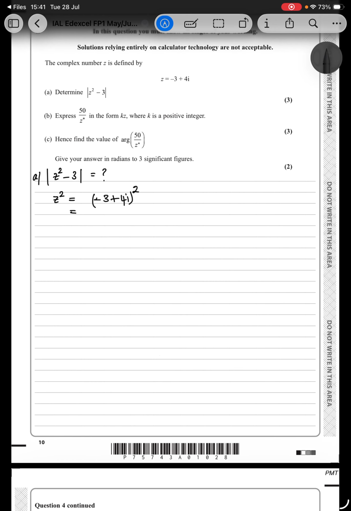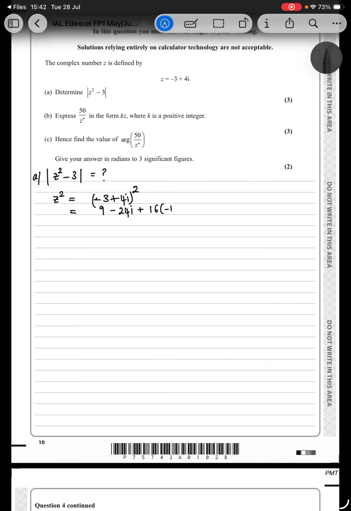So minus 3 into minus 3 will be plus 9. Minus 3 times 4 will be minus 12. Then into 2 it's going to be minus 24, and then there's the i. And then 4i whole thing squared is 16 into i squared, and i squared is minus 1.